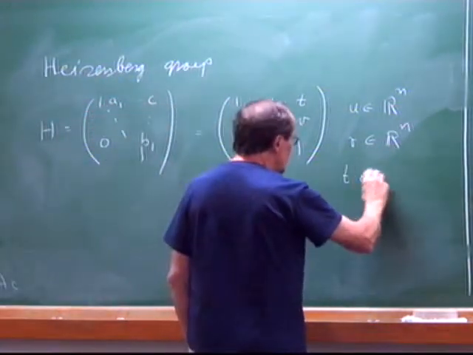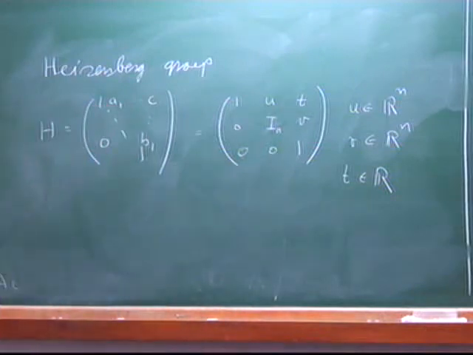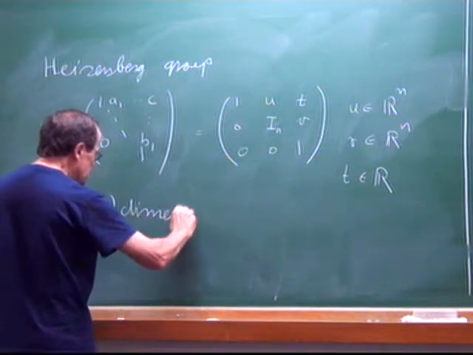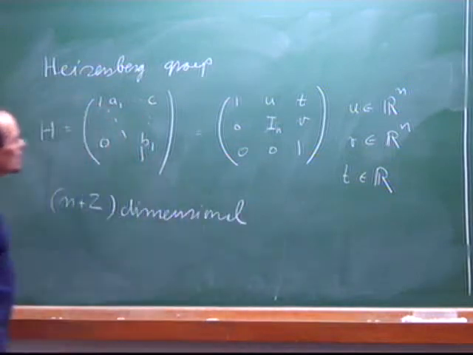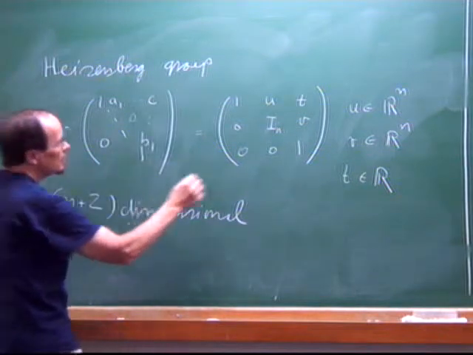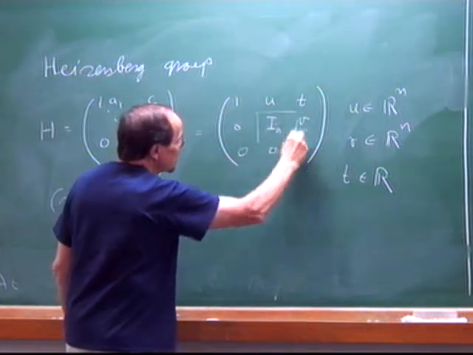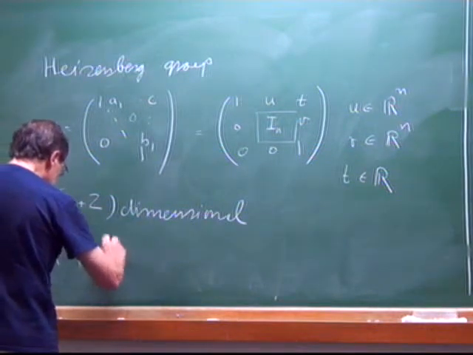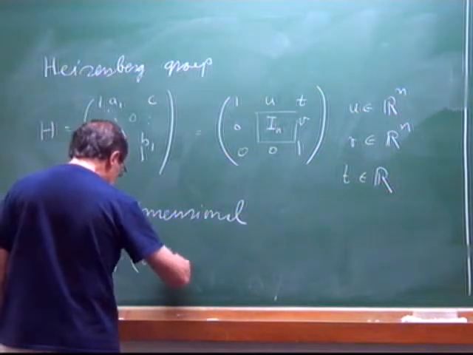And T lies in R. So this has dimension n plus 2. And now we just have to verify that, and here everything else is 0. So there is an n by n matrix consisting of all zeros. Up there's something, down there's something, the last one, everything else like that. That's called the Heisenberg group. You can verify what multiplication looks like by multiplying the matrices.